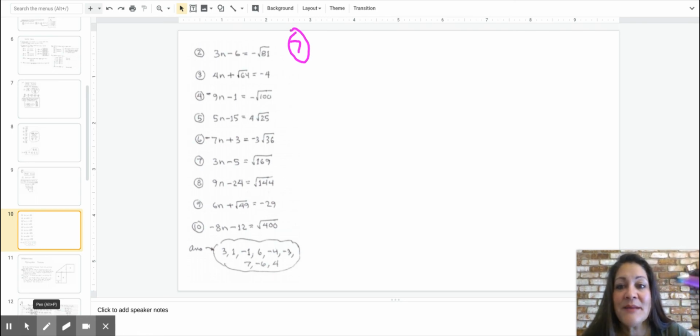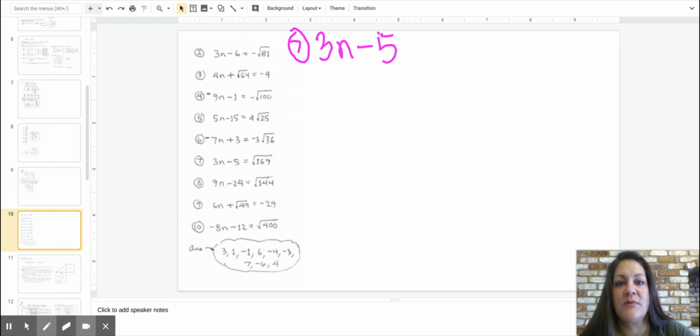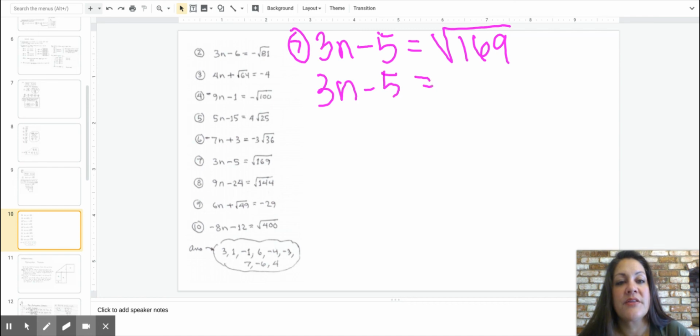Anyway, number 7, 3n minus 5 equals square root of 169. That is also a perfect square. 13 times 13 equals 169.